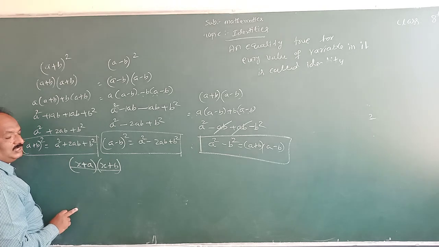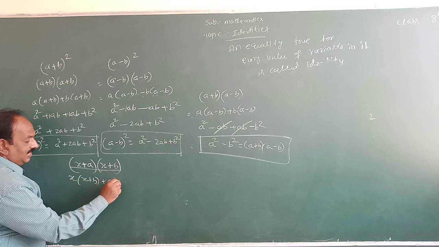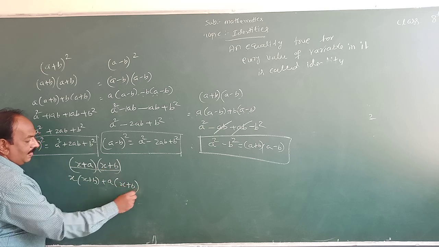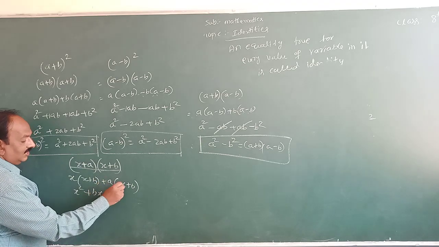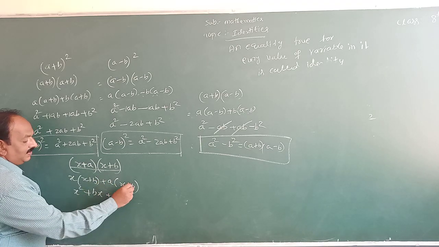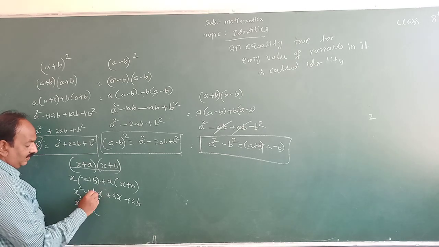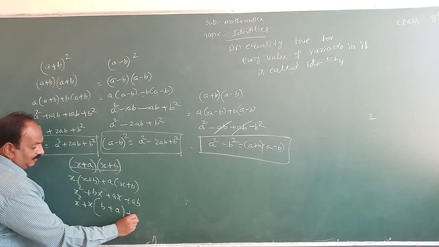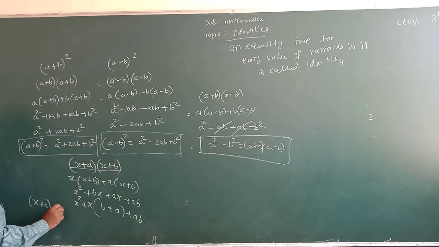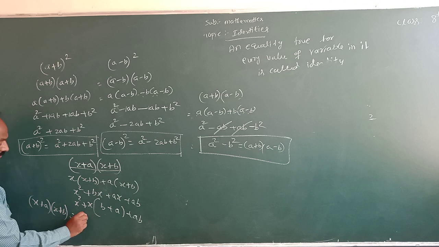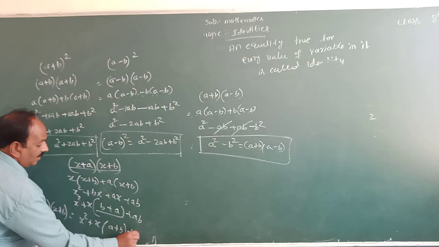Go to the general multiplication of algebra: x(x + b) + a(x + b). x times x is x², x times b is bx, a times x is ax, a times b is ab. So x² + x(b + a) + ab. Therefore, (x + a)(x + b) = x² + x(a + b) + ab.